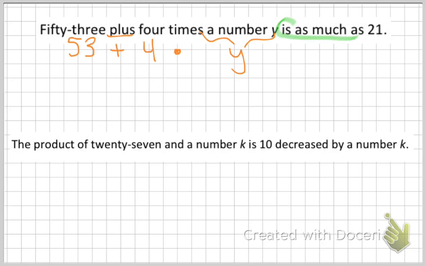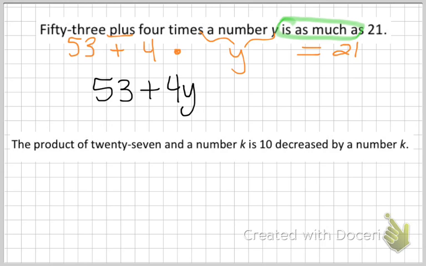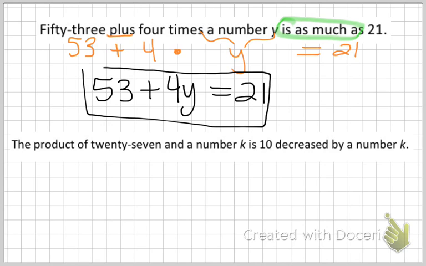Is as much as, there it is again, those keywords are what we're looking for to know where my equal sign goes. So 4 times y, we put it together, and our equation is 53 plus 4y. This simply means 4 times y, and it is equal to 21. That is our equation.